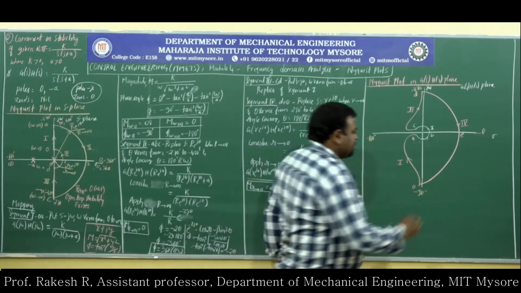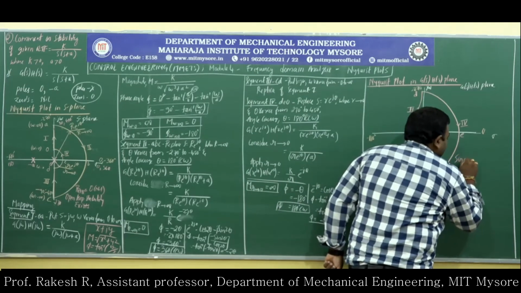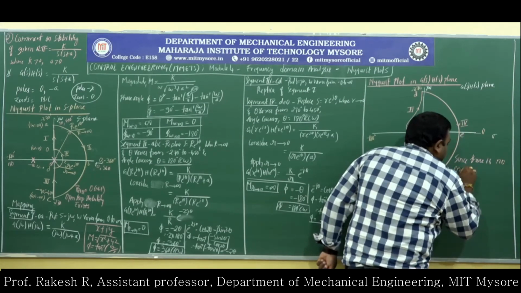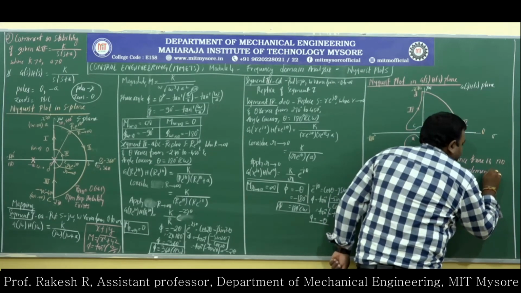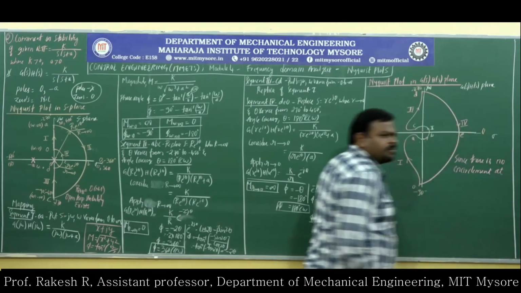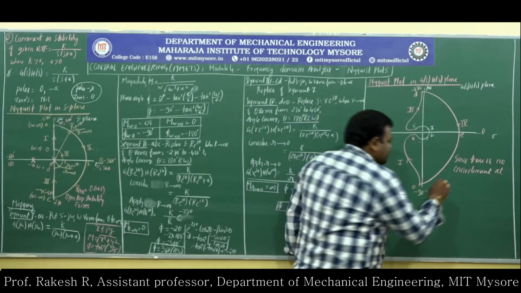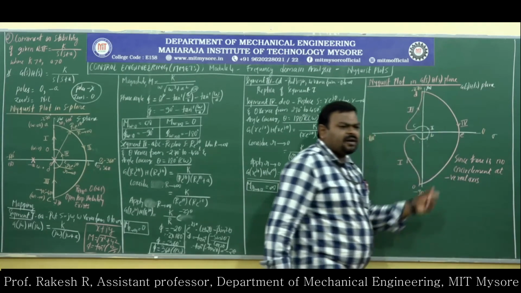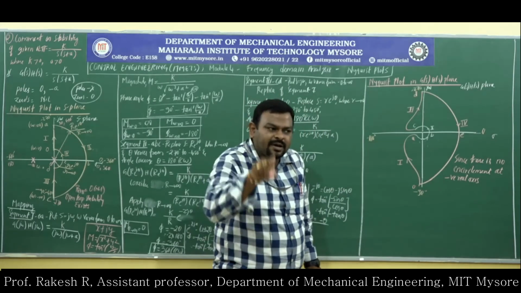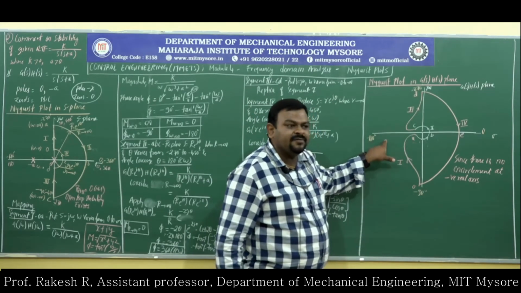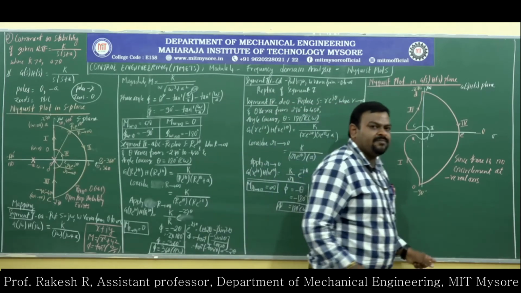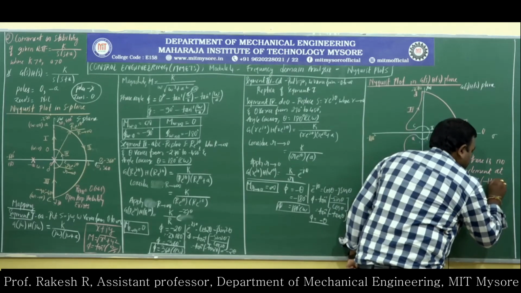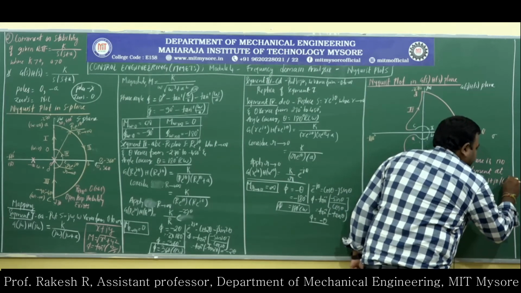The same thing I will write: since there are no encirclements at the negative real axis. Negative real axis means you are locating the critical point here itself. The critical point is minus 1 plus j0. So negative real axis means minus 1 plus j0, the critical point.